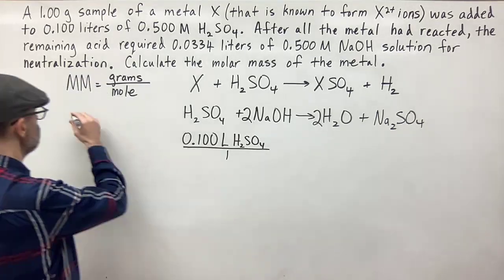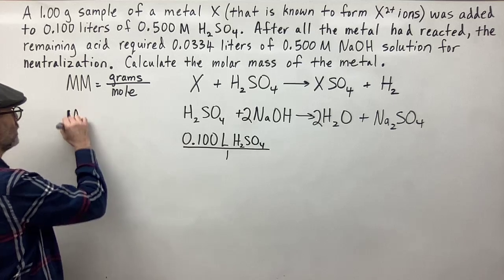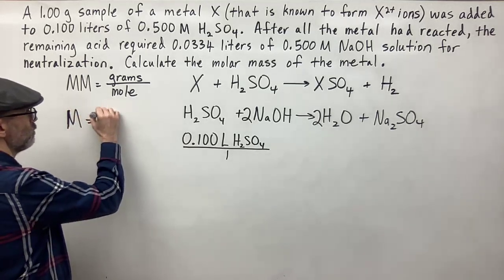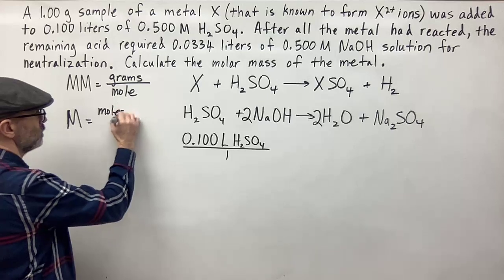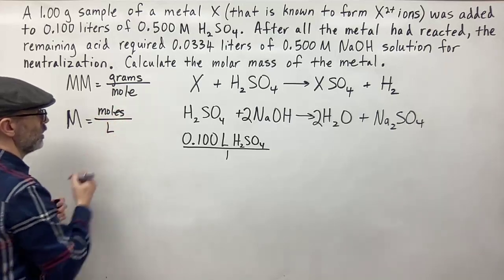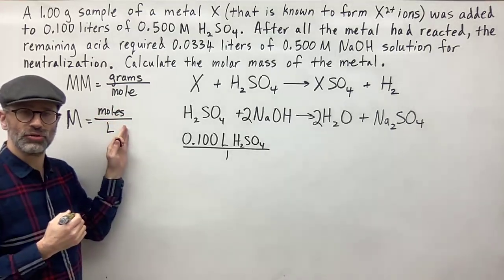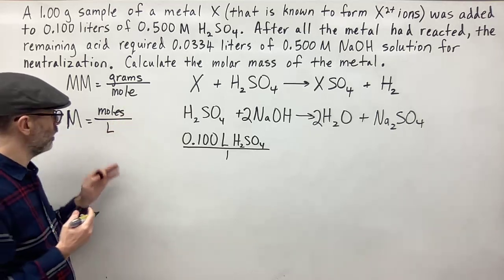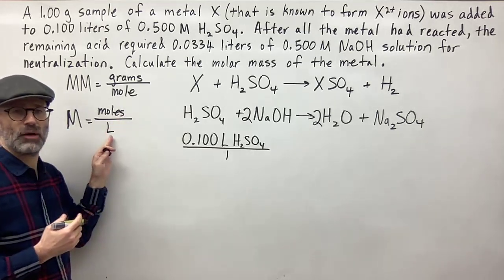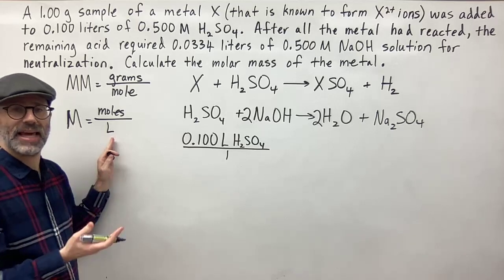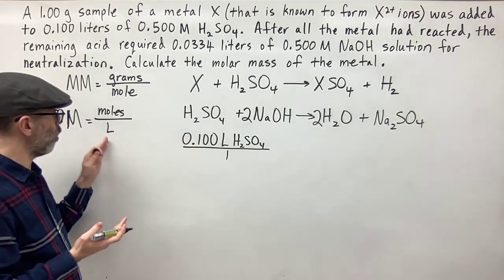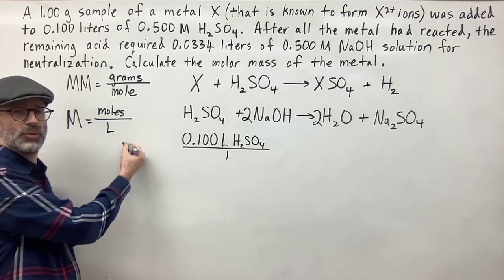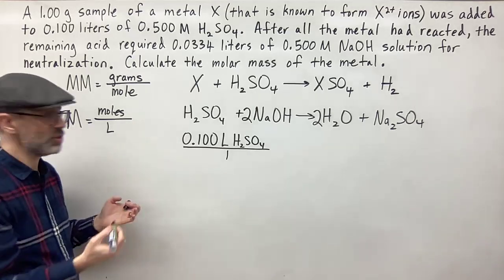Molarity, capital M, is equal to moles over liters. Your moles of the solute, which is what's being dissolved, that would be your H2SO4, and liters of the solution, that would be the water the H2SO4 is dissolved in. So we can use this to convert between liters and moles of the solute.